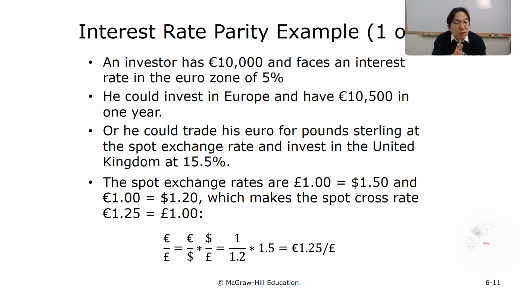He could invest in Europe and have 10,500 euro in 1 year, or he could trade his euro for pounds sterling at the spot exchange rate and invest in the United Kingdom at 15.5%.